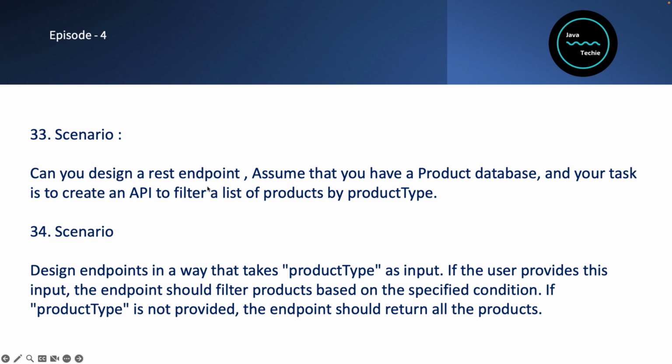Assume that you have a product database and your task is to create an API to filter a list of products by product type. Basically, you need to write an endpoint where you can pass the product type as an input. Based on this product type, it will filter the list of product objects from your DB. That is the REST endpoint you need to design.